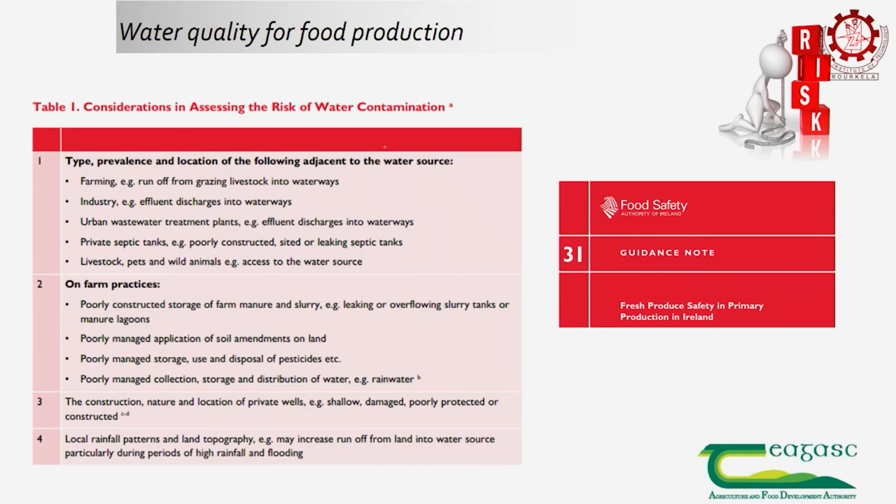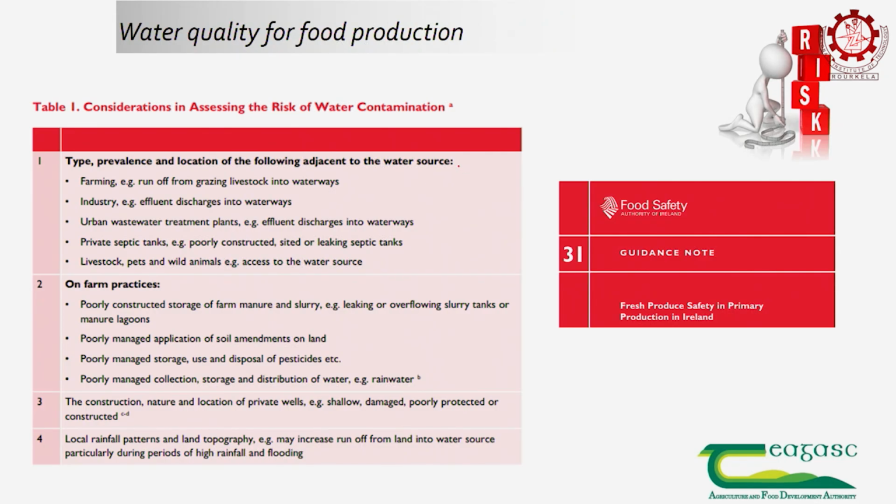This is all to do with the guidance note. If you go to FSAI, the Food Safety Authority of Ireland, the same way FSSAI is there for India, they have clear-cut demarcation of what is potable water, what is drinking water, what is wastewater, what is strong water. Have you heard of this word, strong water? Rainwater quality and water quality for different applications is very well specified.